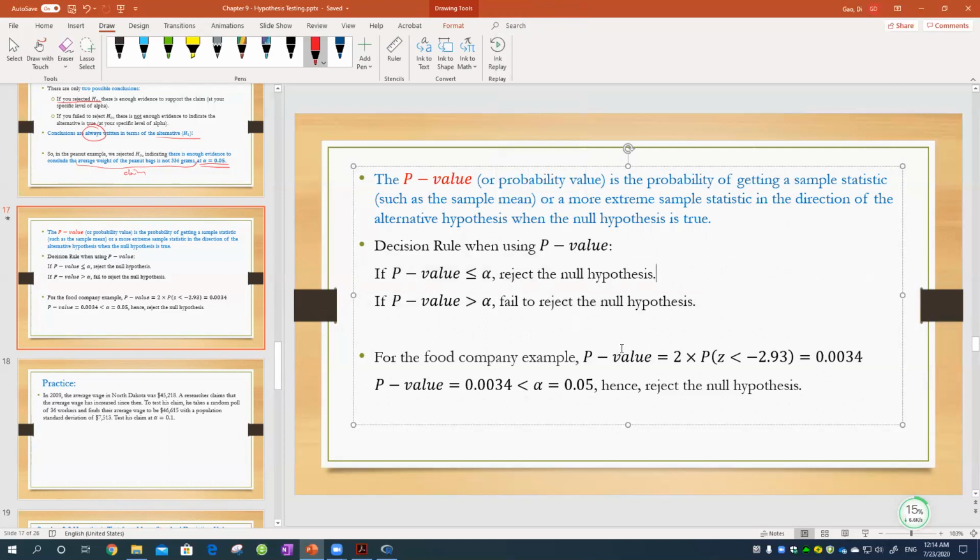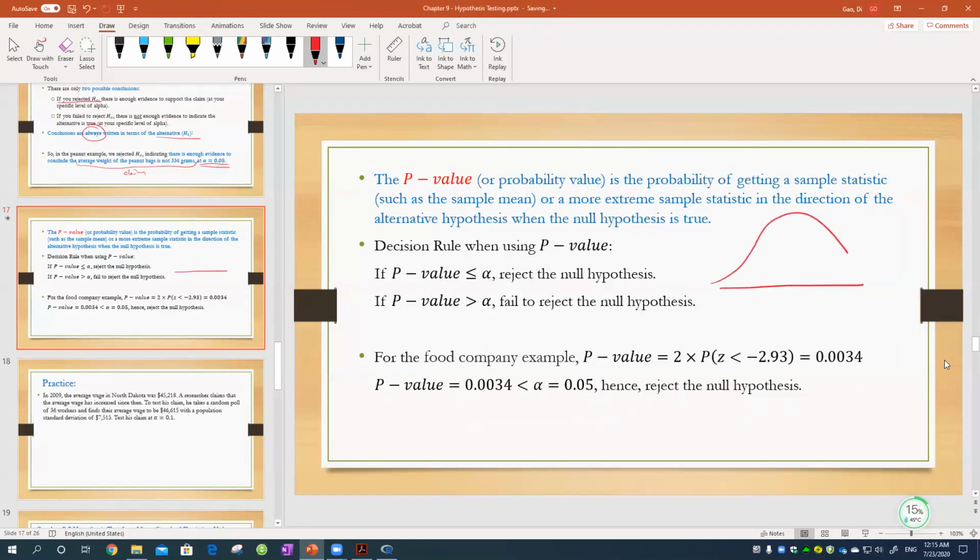For the food company example, the p-value equals the probability of z smaller than negative 2.93. Why do we say that? To capture that probability, we can draw the normal curve. Here's 0, and the z-score we have is negative 2.93, the test statistic. We want to know the p-value.